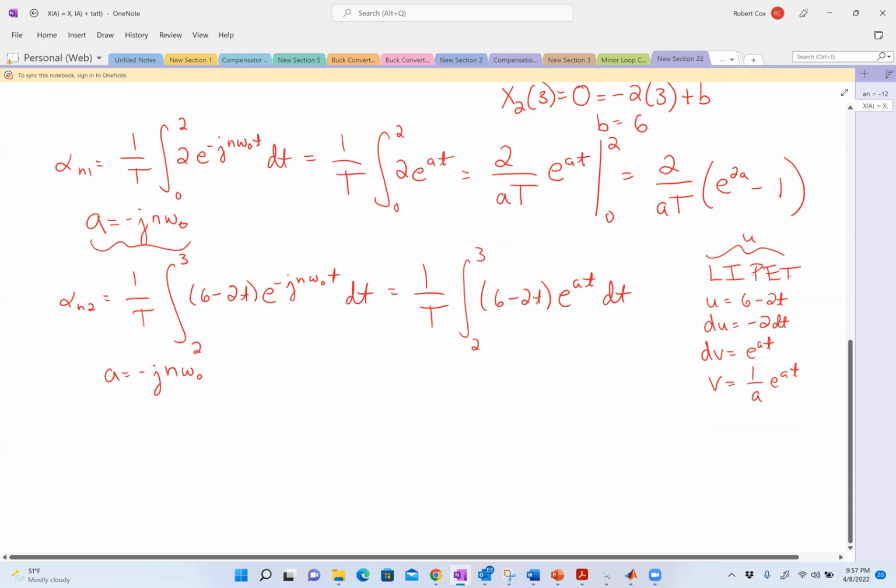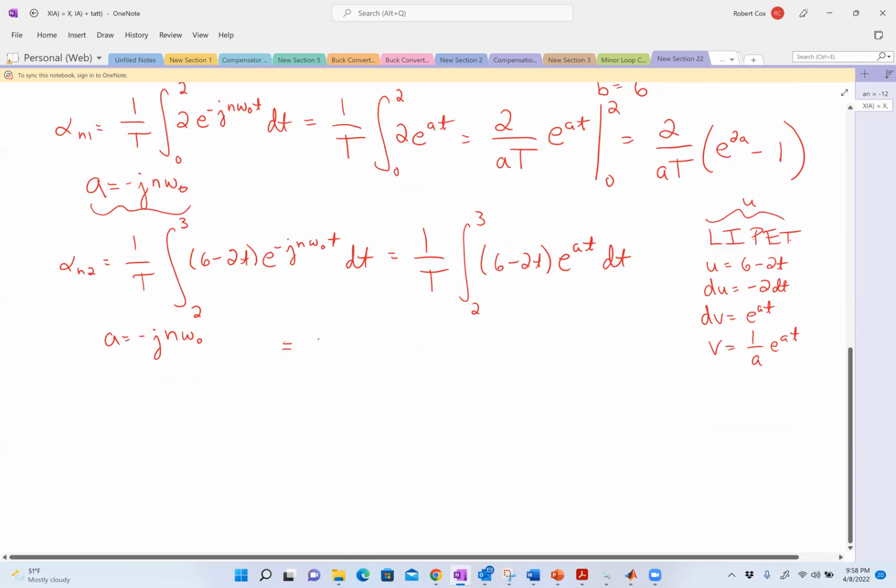Now, the thing to remember is that integration by parts is the integral of u dv equals uv minus the integral of v du. So the way I would write this is 1 over T times the result that I have here. So u is 6 minus 2t, times v.